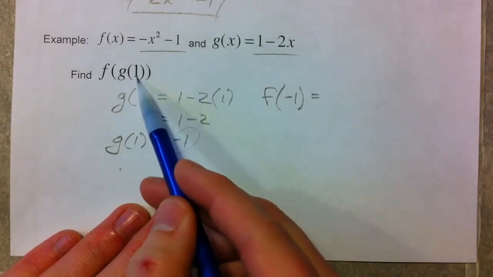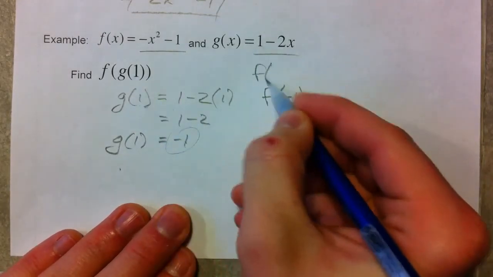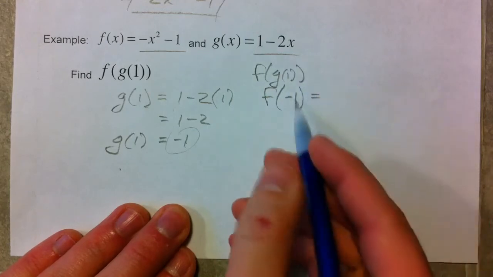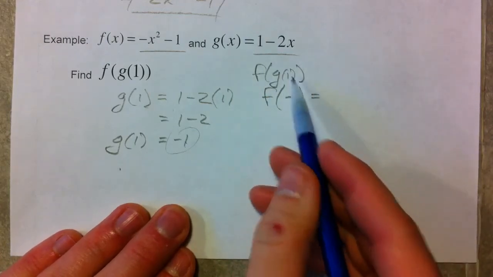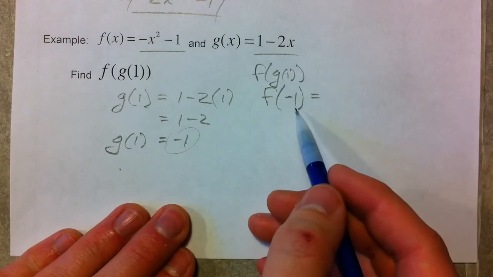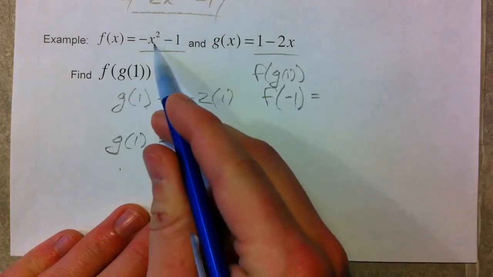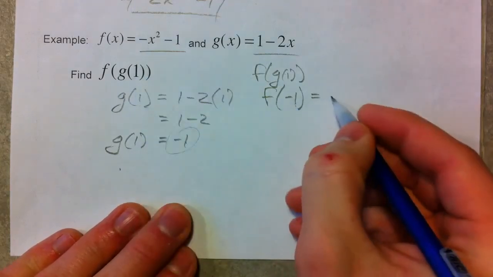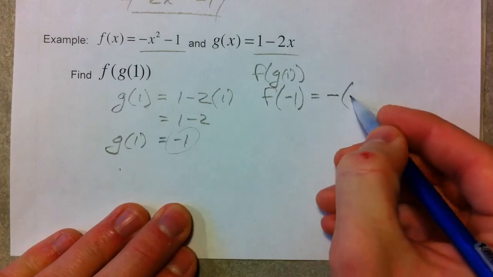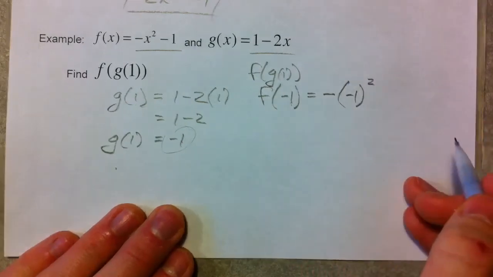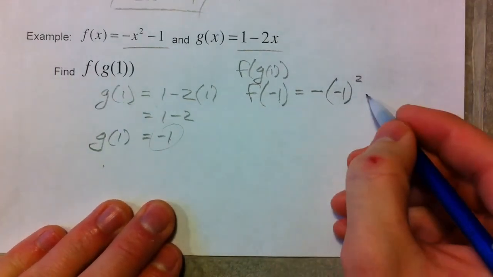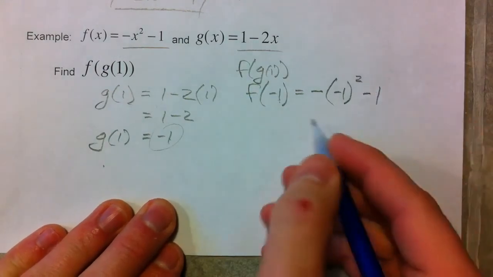Negative 1 took the place of g of 1, like this. Instead of writing g of 1, we write negative 1 because they're equal to each other. Now we take negative 1 and we plug it in for x in f of x. So we have negative (negative 1) squared, with negative 1 going in place of the x, and minus 1.